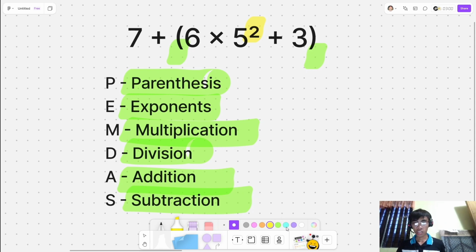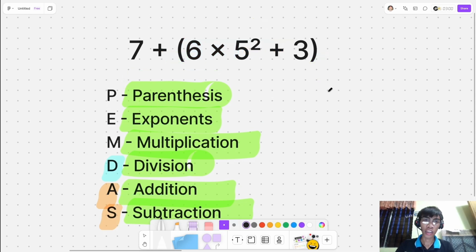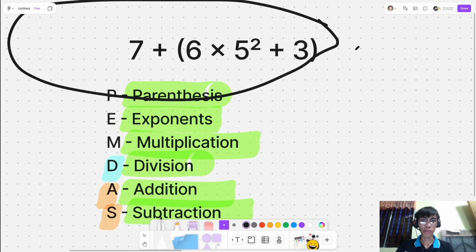Then we do the multiplication first and division if there is one, addition next, and subtraction. For me to properly demonstrate how PEMDAS is done, let's try solving this problem.